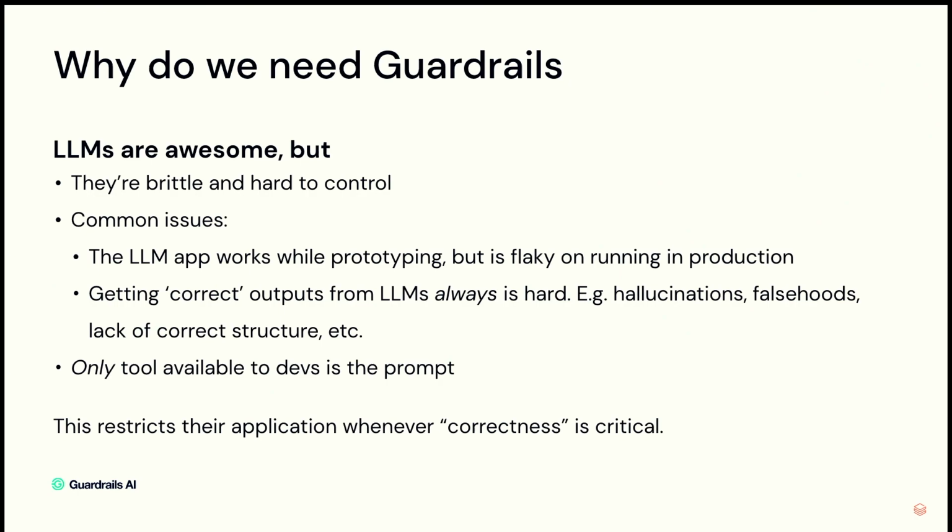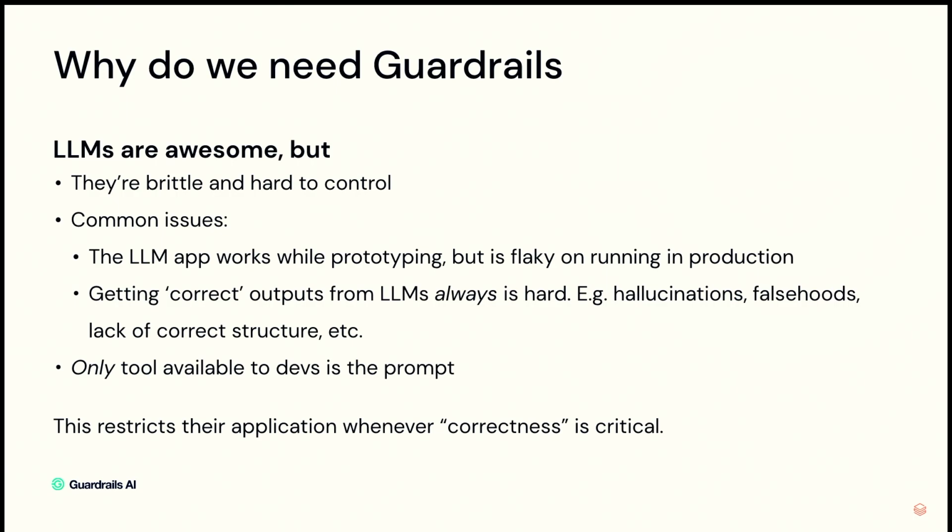So you would run the application in testing like 5 or 10 or 50 different times, but the moment you put it in production and you scale it out, there are no guarantees that it is going to work as you expect it to. Getting correct outputs from large language models always is hard.